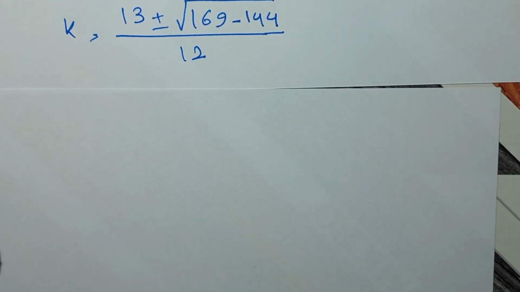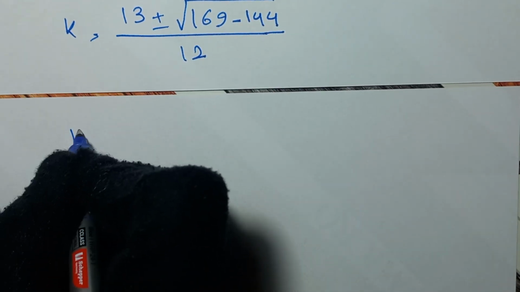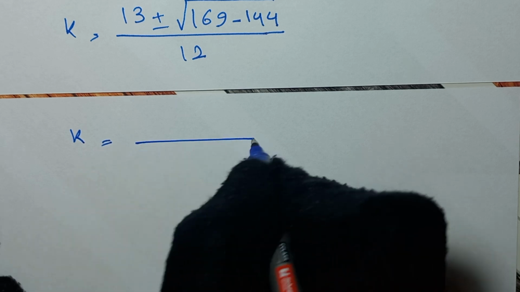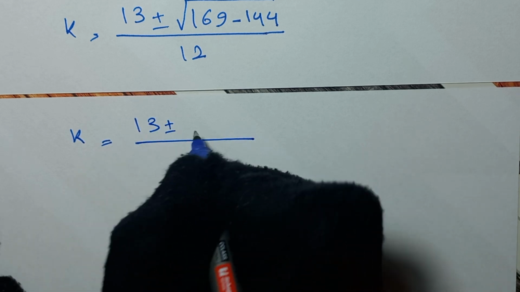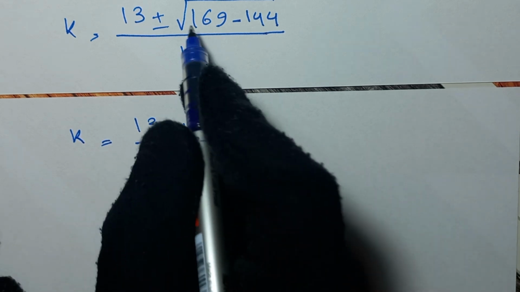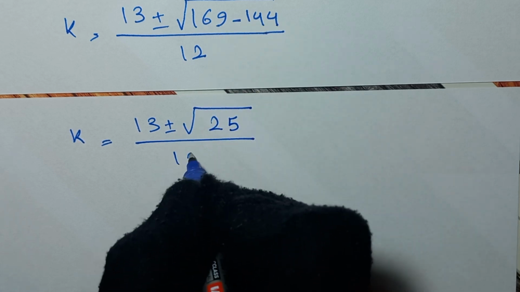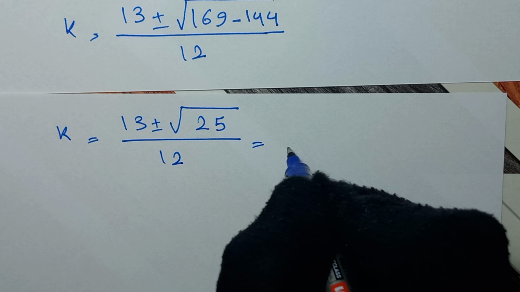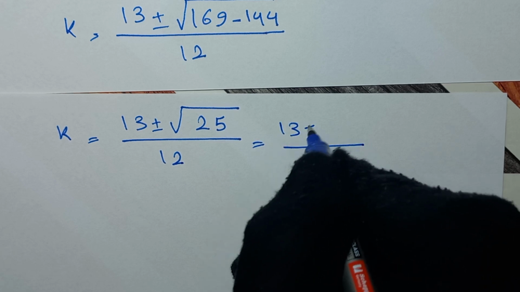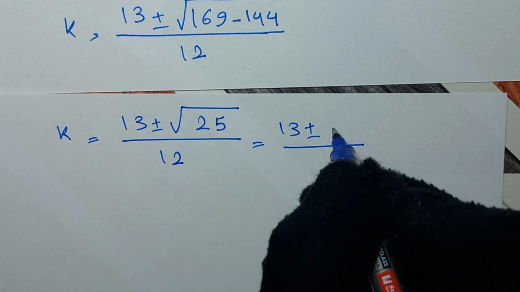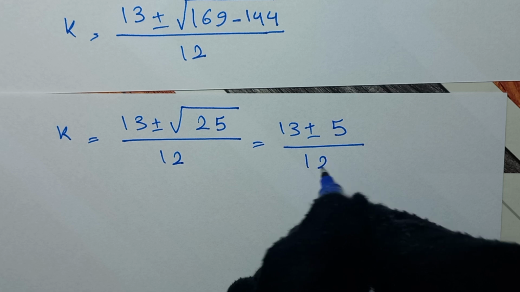And k is equal to 13 plus or minus square root of 169 minus 144, which is 25, over 12. And it will be 13 plus or minus square root of 25, which is 5, over 12.